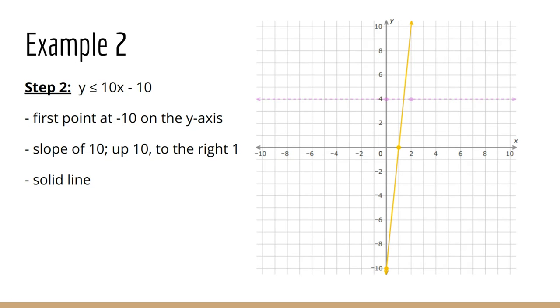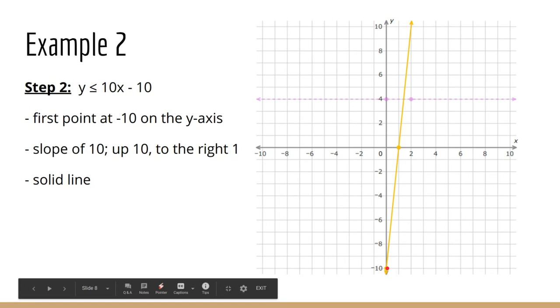For our second example, we have y is less than or equal to 10x minus 10. Notice that I have a slope of 10 and a y-intercept of negative 10. So my first step is going to be putting my first point at negative 10 on my y-axis.